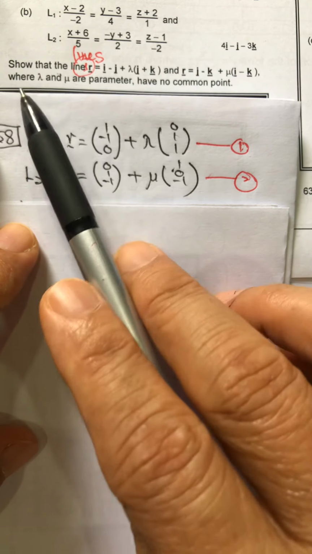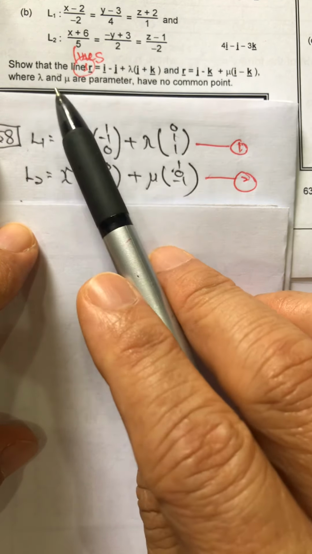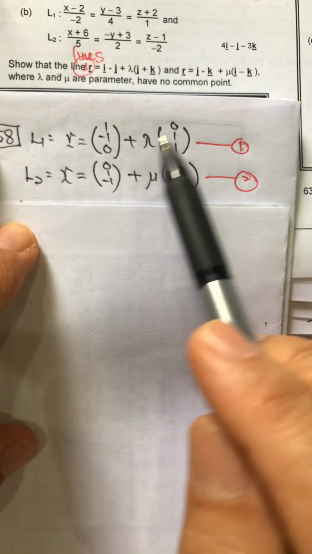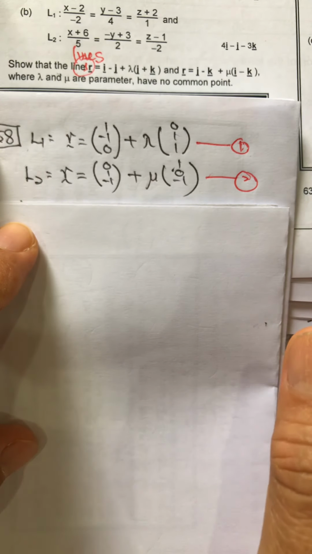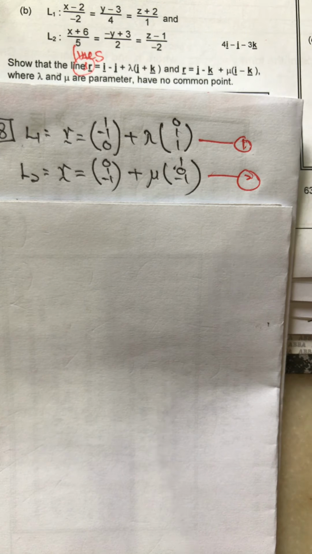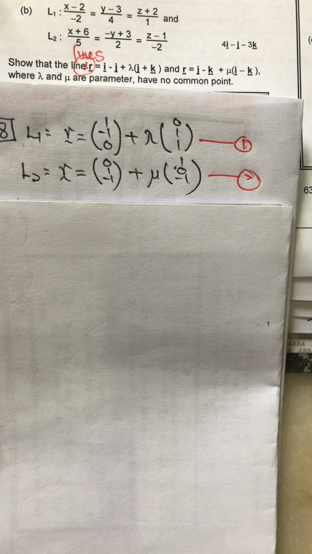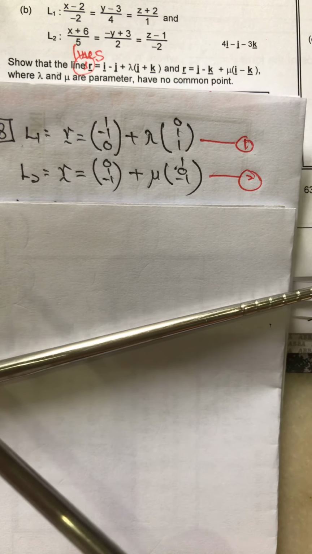So we have two lines. We are going to show that these two lines, where lambda and mu are parameters, have no common point. That means I'm going to show that they do not intersect. There is no point of intersection. For these two lines, if they are not parallel, it doesn't mean that they will intersect.